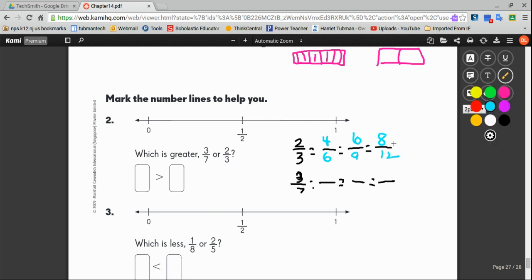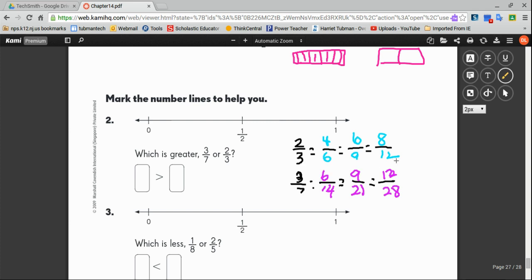Alright, let's do the bottom. 3, 6, 9, 12, and 7, 14, 21, and 28.